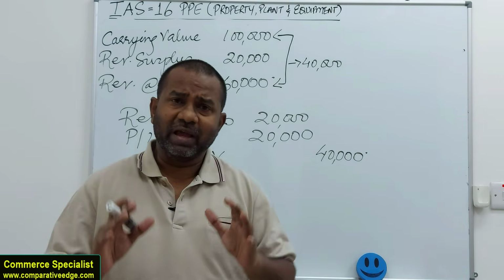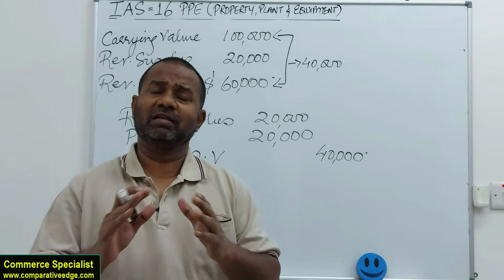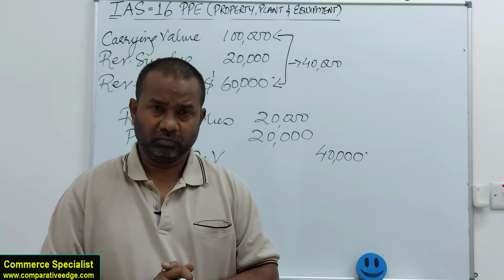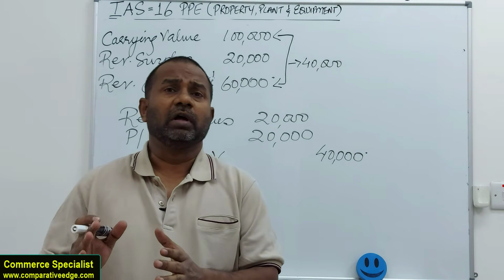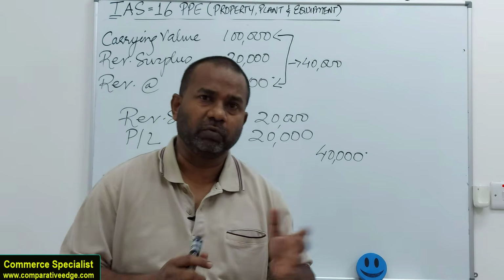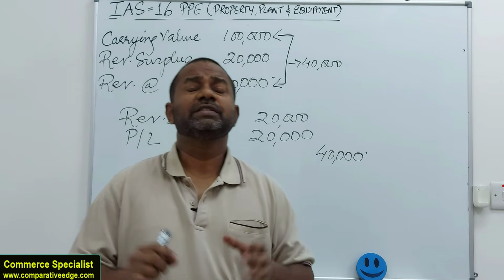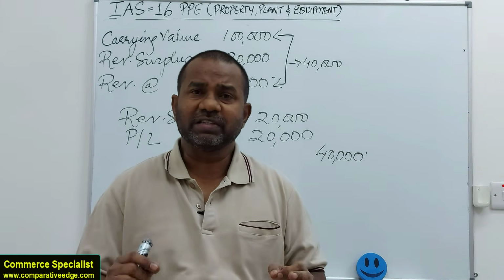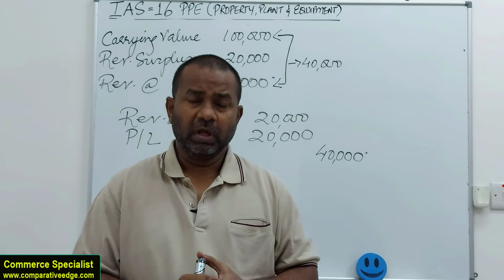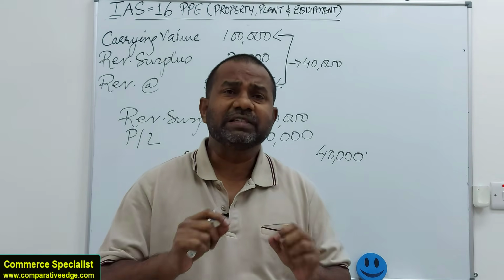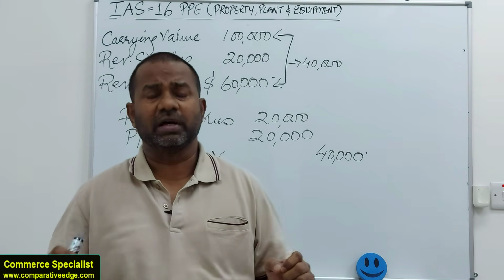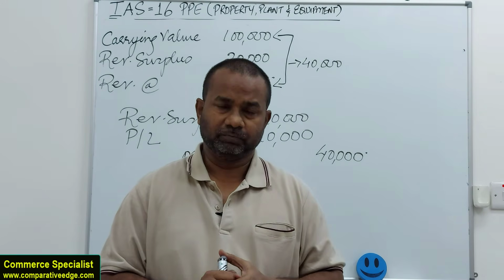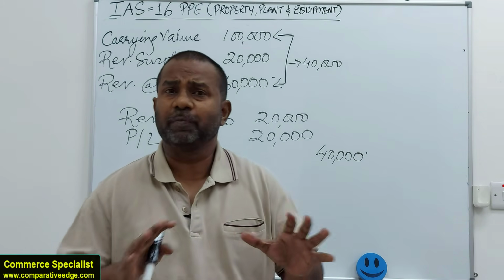Now guys, in the end, some important guidelines of IAS 16. If we don't follow them, it will lead towards creative accounting. IAS 16 says very clearly that once an asset is revalued, all the assets in the same category, in the same class, are to be revalued. That means you cannot pick and choose.